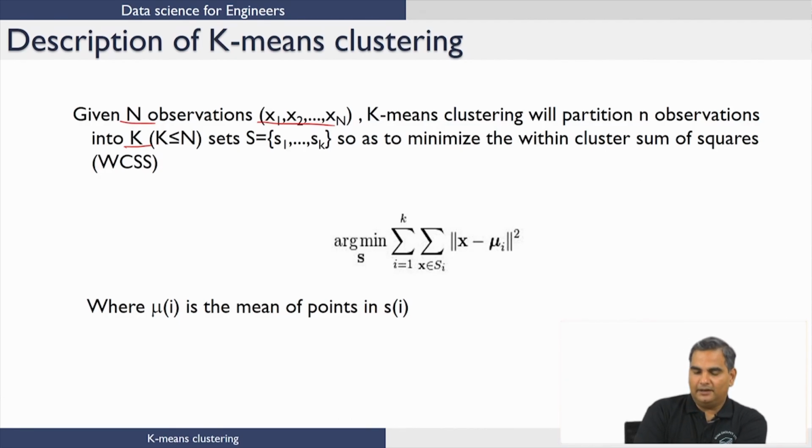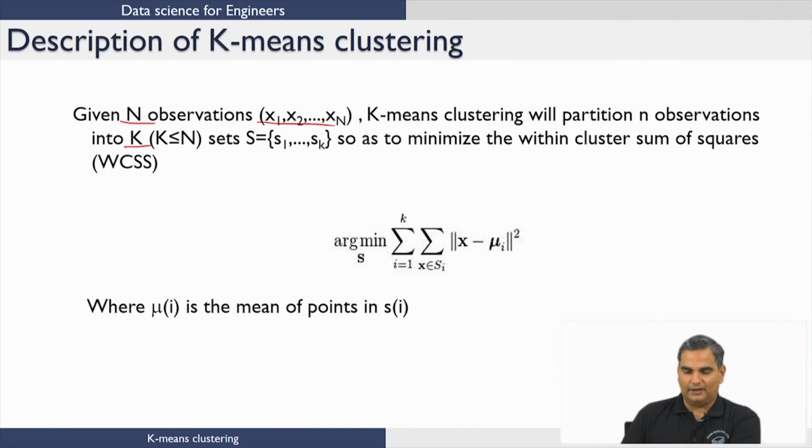So, what does it mean when we say we partition it into k clusters? We will generate k sets S1 to Sk, and we will say this data belongs to this set and this data belongs to the other set and so on.